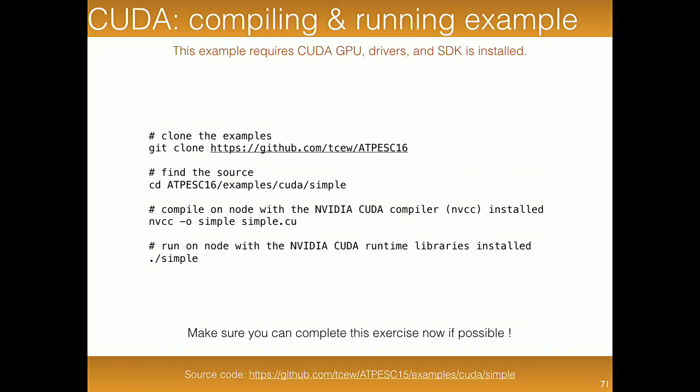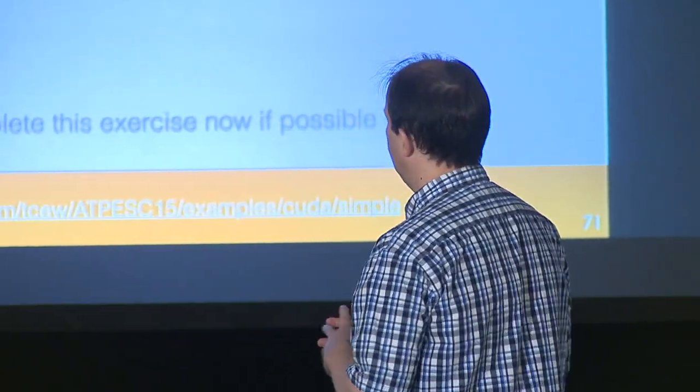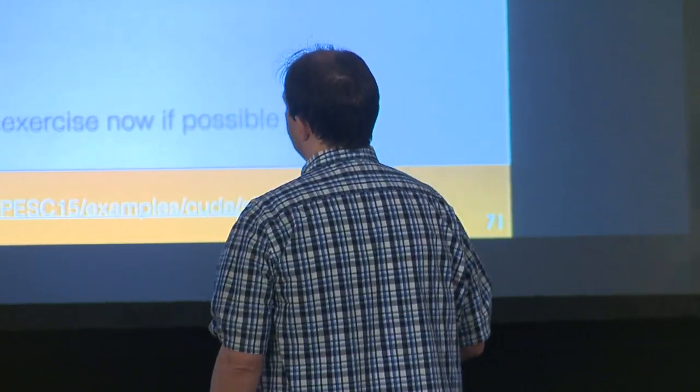Remember, this language we use to code the host code is not standard C. It has those wacky brackets on the invocation of the kernel. So we need a special compiler to compile that host code. Your GNU compiler, your Intel compiler, will complain because it's not standard C. We need the NVIDIA CUDA compiler, NVCC, to compile that code.